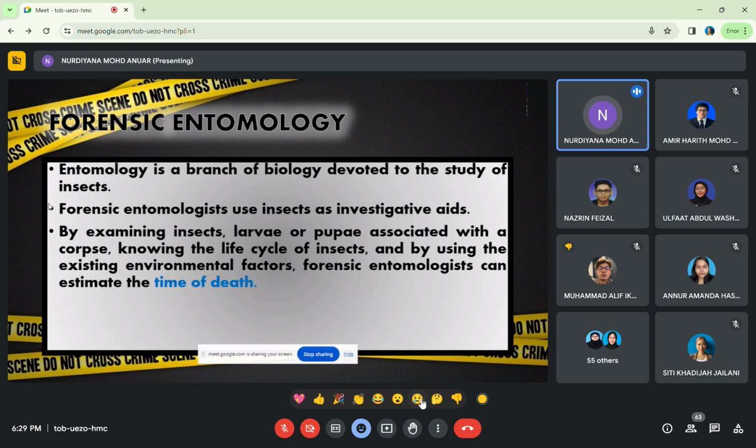Dia ada dia punya stages. Kemudian dia akan last sekali jadi pupa. So jadilah lalat dewasa. So bila dah ada pupa, akan adanya beetles. So dia ada pemangsa dia yang seterusnya. So life cycles dia macam tu. Okay, sebab tu kita boleh determine time of death based on the life cycles of the insect.